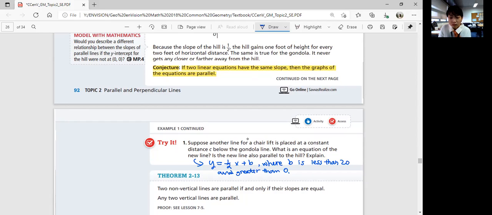Okay. Is the new line also parallel to the hill? Yes. Why? Because they have the same slope.